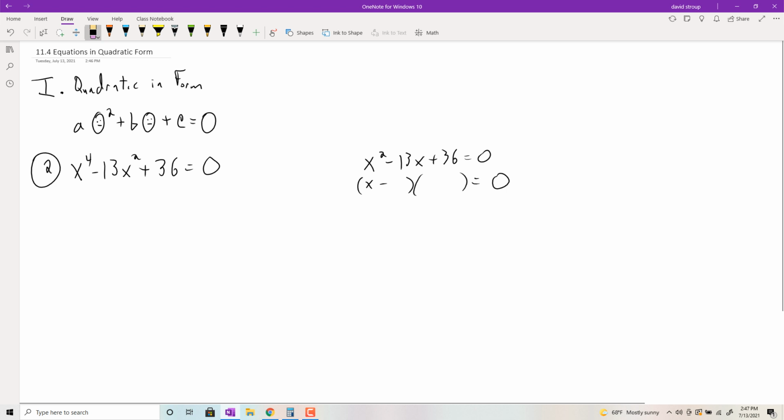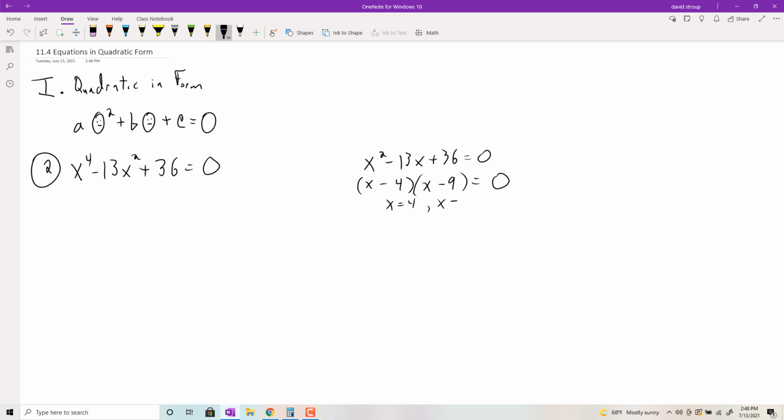It's minus, minus. So 4 and 9. And then we could solve that. x minus 4 is 0, so x is 4, x minus 9 is 0, so x is 9. Okay, so you remember how to do that. This has the same form, doesn't it?